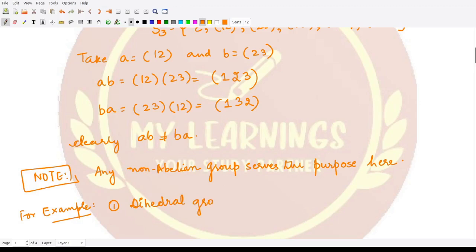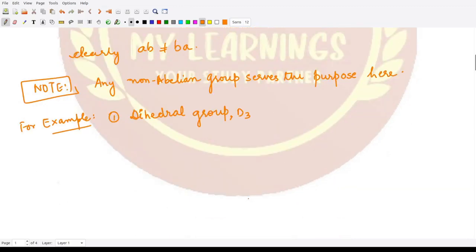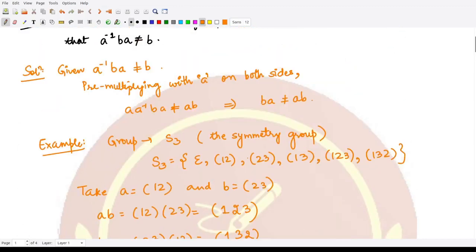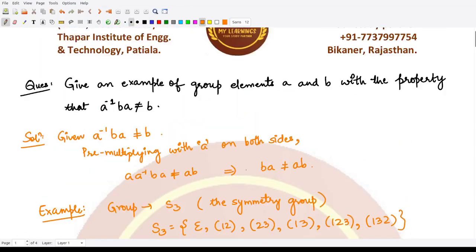You know, the dihedral group that is non-abelian in nature. It is the group of symmetries of a triangle having order 6. You can provide an example of a group of matrices, right? Which is what? It is the general linear group of order 2 having entries from the reals, for example this one. So you can have other examples as well, apart from the example that I have provided to you.